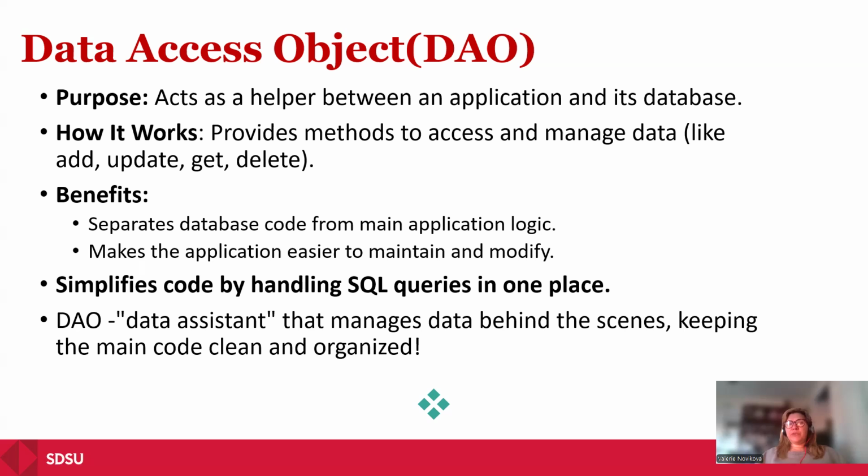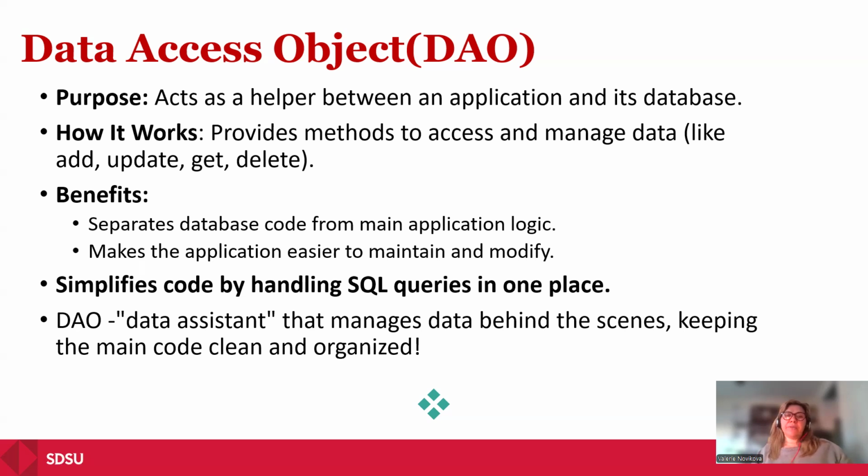The advantages of using that: it's simple. It also separates specific database code from the application code, so it makes your access to the database much easier. It also helps code structure, so it allows you to hold all your code related to the database in one place.